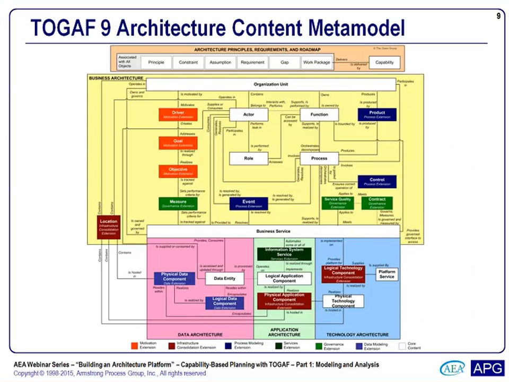So if we take a quick look at the current TOGAF 9.1 architecture content meta model, hopefully a picture that is familiar to people on the call, you'll notice that capability is up here in the upper right-hand corner with these common elements connected to a work package. And so, if you were to look just solely at the content meta model, it wouldn't necessarily leap out at you really the central way that capabilities can provide a simplified lens for really understanding the complexity of the enterprise landscape.